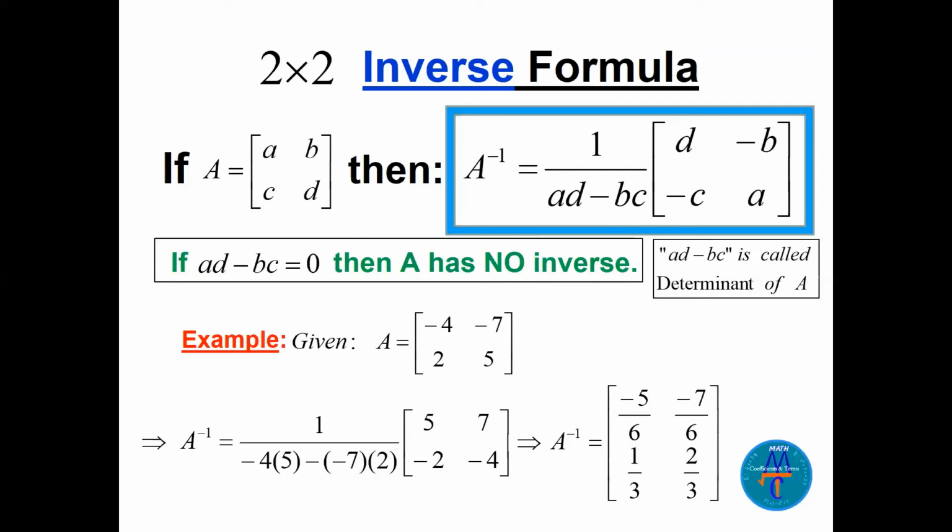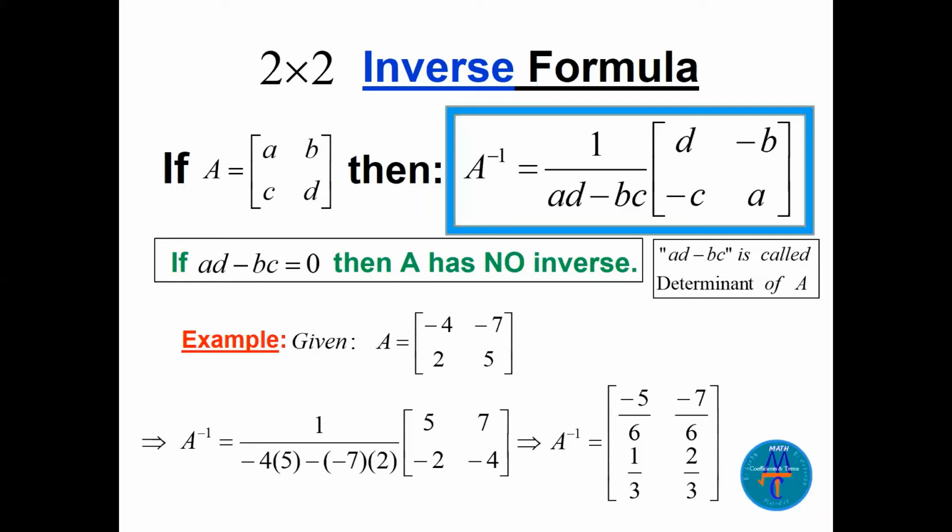Now let's take a simple example here, only about the inverse, before we go back to method number 6. If this is A, -4, -7, 2, 5, you see that? If I need the inverse, one line, but you have to be careful. 1 over AD minus BC: 4 times 5 is 20, minus -7 times 2. So the number here is minus 20 plus 14.